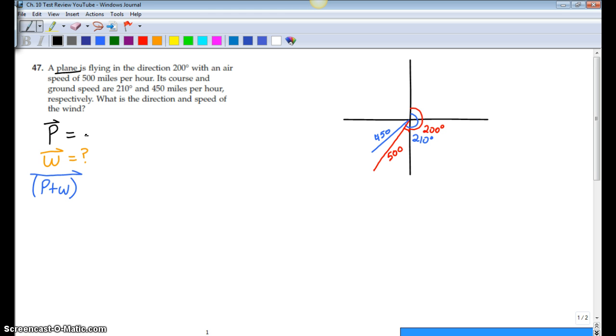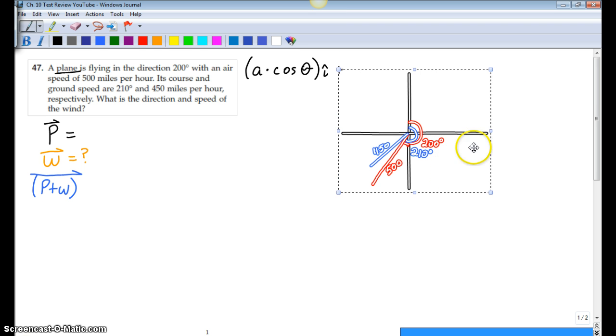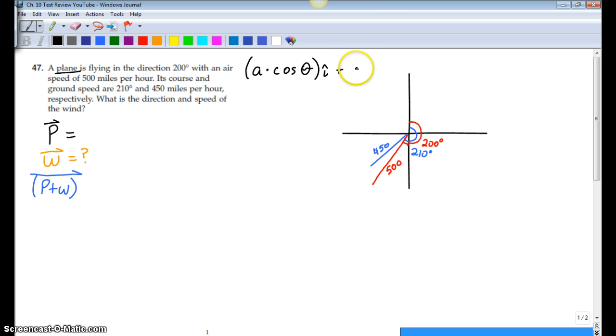So in all of these, we end up with a cosine theta, and that's all the i hat of the vector, like the x component of the vector, plus the j component of the vector.